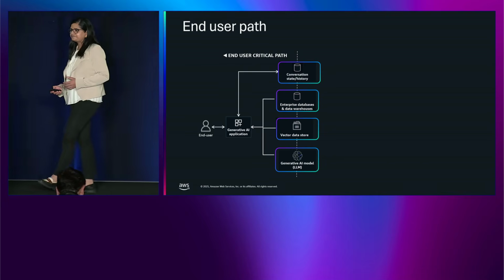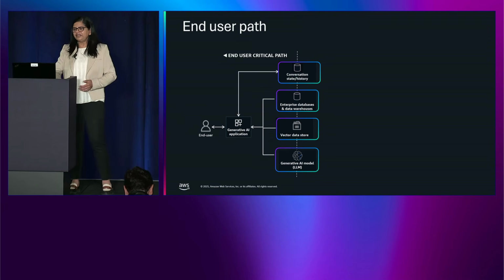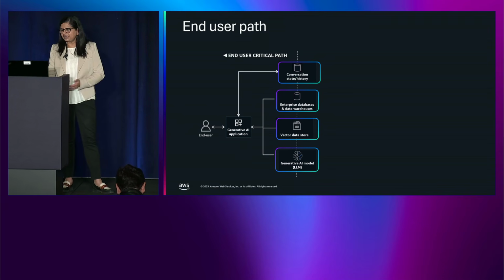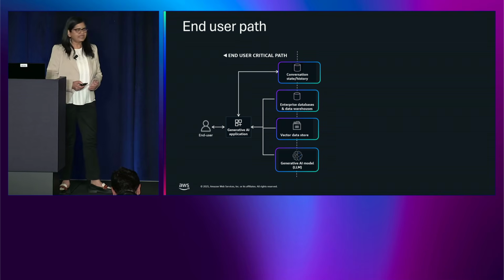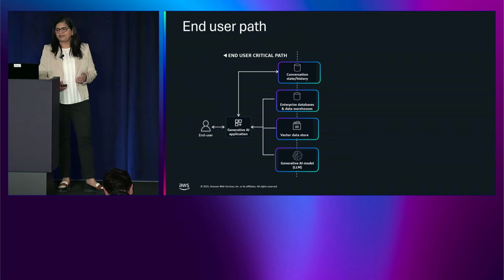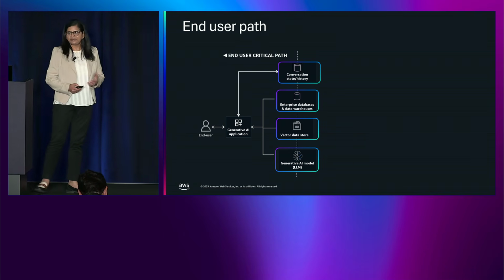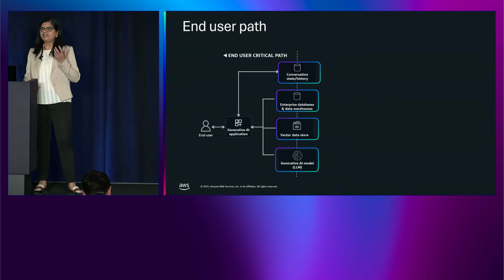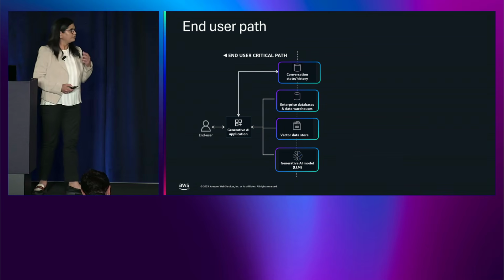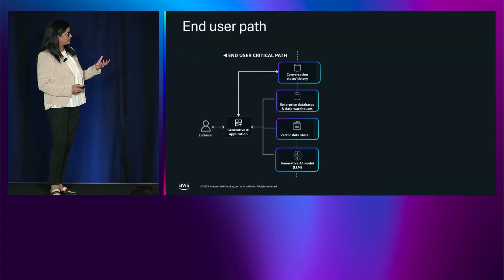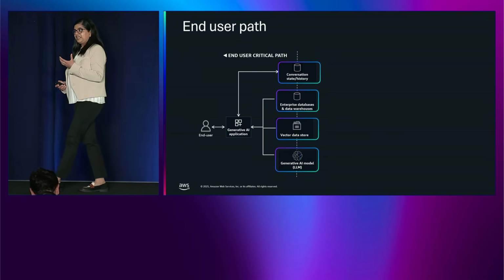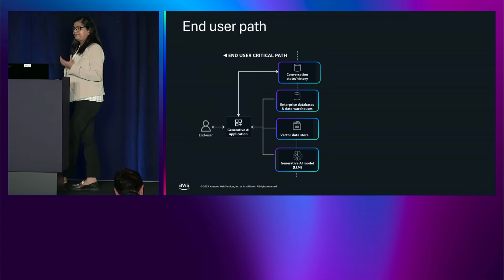AI applications. So here you see that the end user interacts with a Gen AI application, typically by posing a question. The application then loads the relevant context and the conversation history. Now, before this can happen, when the user poses a question, it actually loads the prompt templates that can be applied to it.